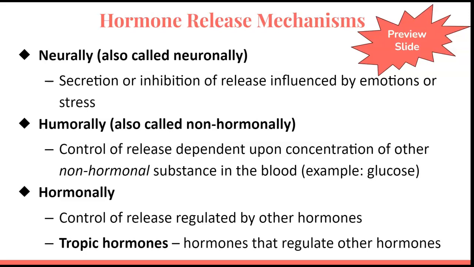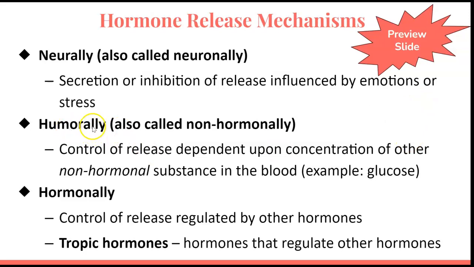Or certain parts of the biological female menstrual cycle, certain parts of that 28-day cycle are either going to have a secretion or inhibition of certain hormones. Again, we'll talk about the specifics of the biological female menstrual cycle at the end of the semester, but just to give you some examples.